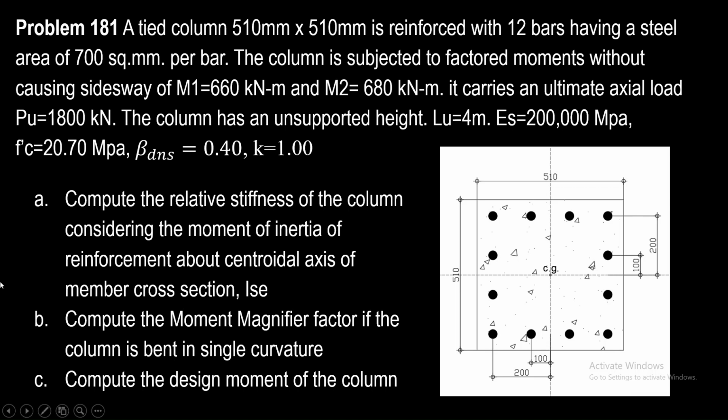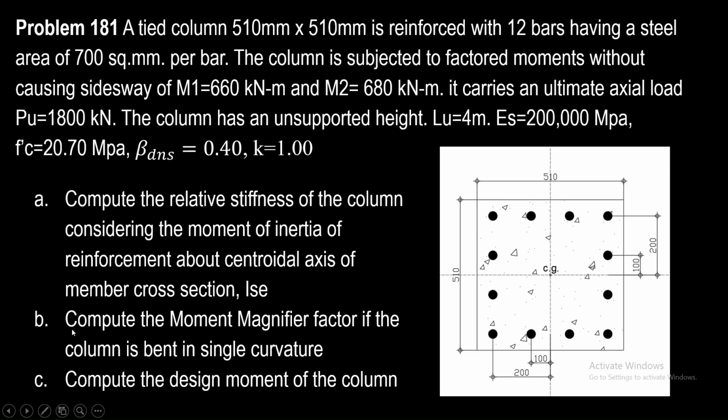Determine the following. Letter A, compute the relative stiffness of the column considering the moment of inertia of the reinforcement about the centroidal axis of the member cross-section, so we are going to consider the I sub se, the moment of inertia caused by the reinforcements.